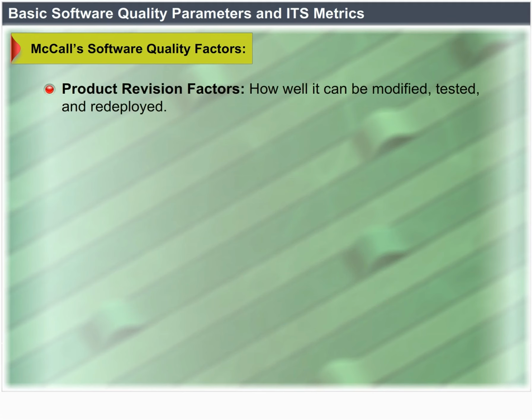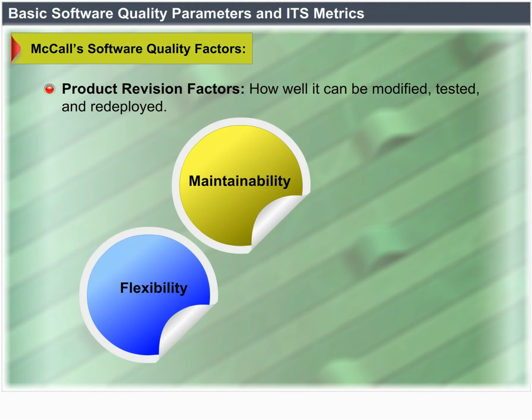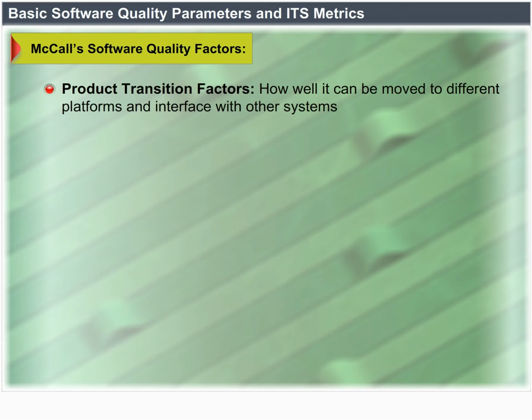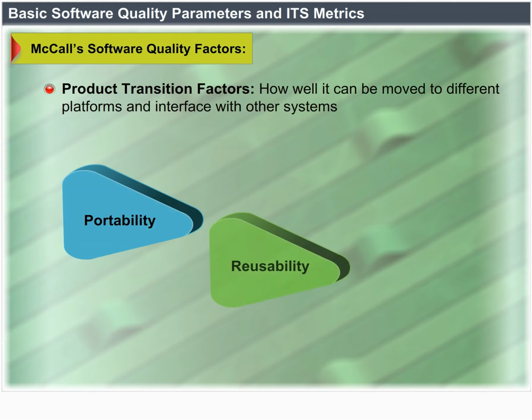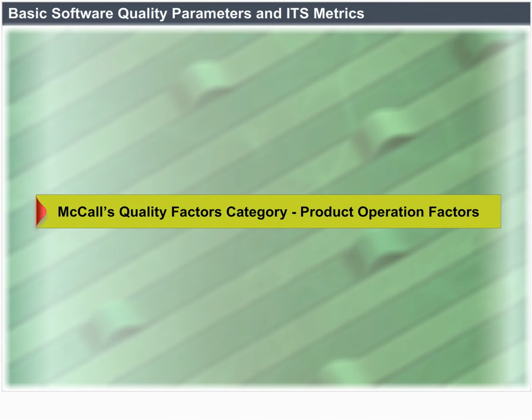Product revision factors, how well it can be changed, tested, and redeployed: maintainability, flexibility, testability. Product transition factors, how well it can be moved to different platforms and interface with other systems: portability, reusability, interoperability.